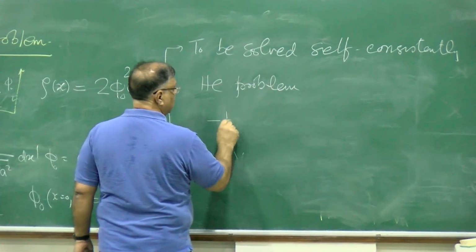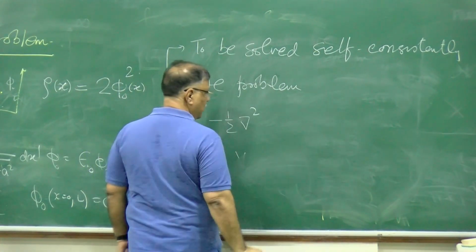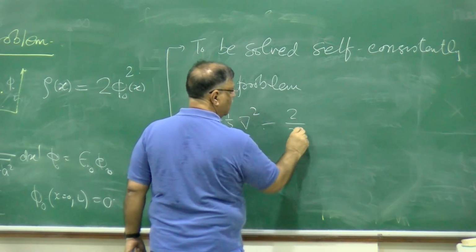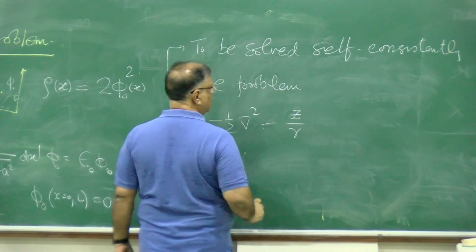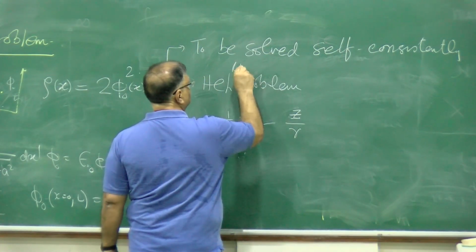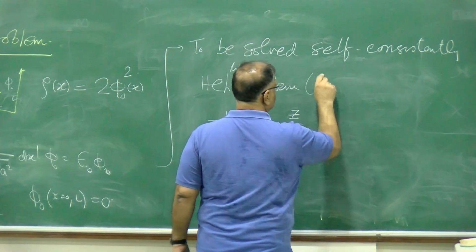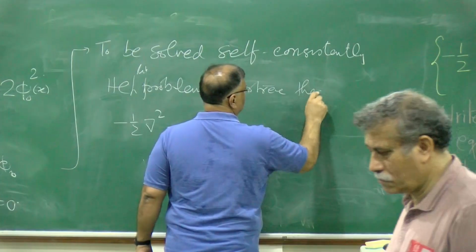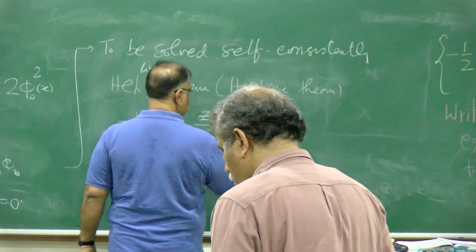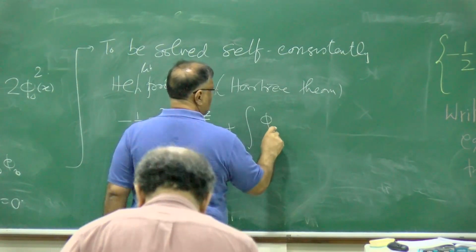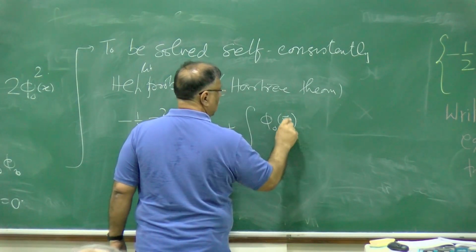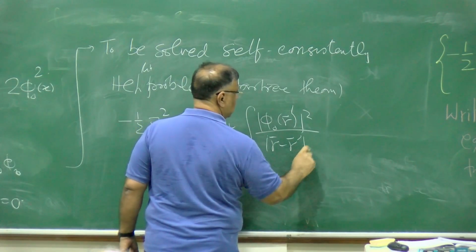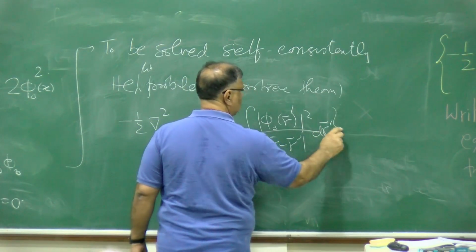In this case, you would have minus 1/2 del square, plus minus 2 over r. Let's write it Z over r, helium like, in Hartree theory. Plus integration phi 0 r prime square over r minus r prime dr prime.